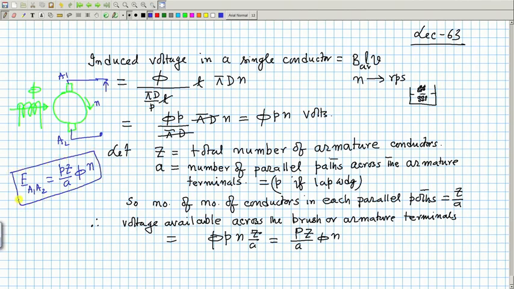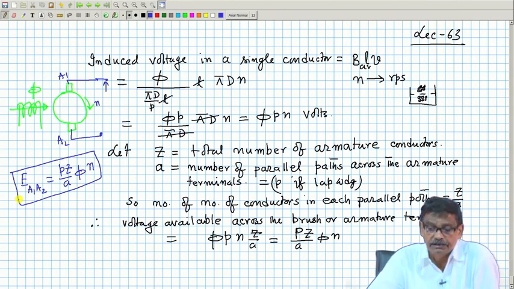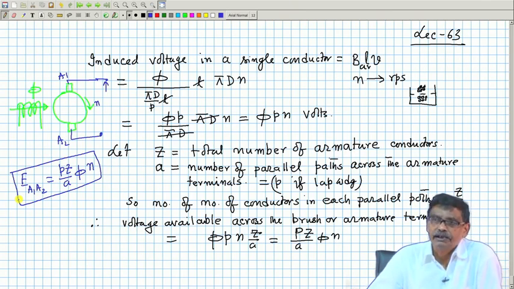If you know the flux per pole, at what RPM or RPS it is running, the total number of conductors and total number of poles of the machine, you can easily calculate what will be the generated voltage. Very simple formula. In case of AC machines, we used to have RMS voltage as 4.44 A, phi m, N1, winding factors, this, that, but here everything goes very simple, neat.